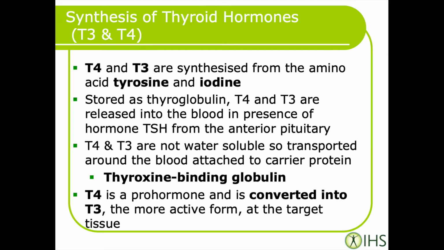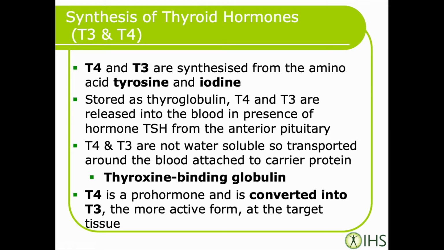They're then released into the blood as a result of TSH being released from the pituitary. But the key thing is that you have a store of T4 and T3 in your thyroid gland. They're stored as thyroglobulin, and then they're released into the blood when they're needed.